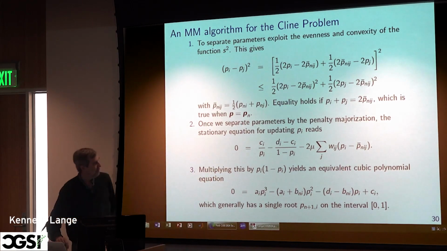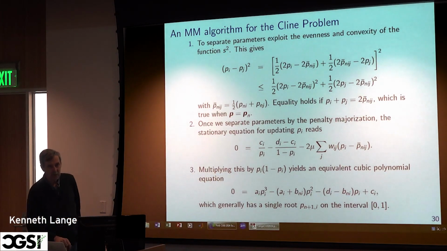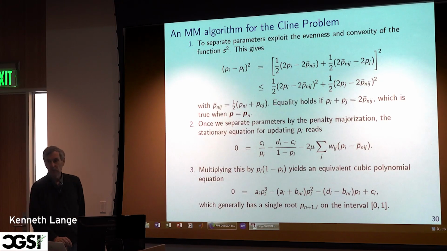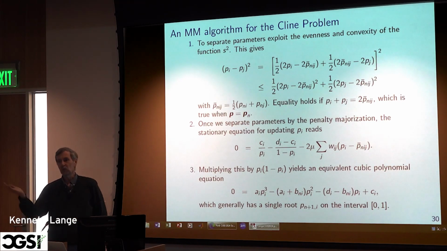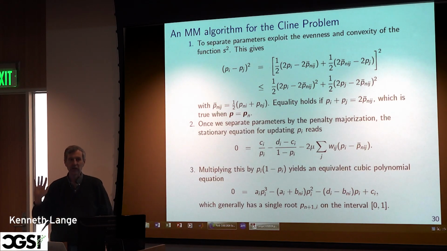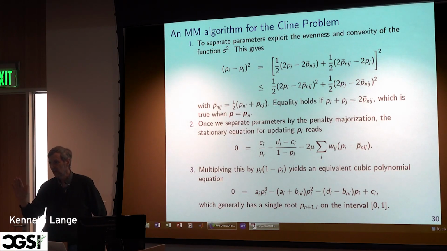You reduce to a cubic polynomial, and you can find a root of that, and there will be a single root between 0 and 1 for the allele frequency. So in this way, you get a smooth estimate of allele frequencies across the whole landscape, pixel by pixel, and you're pushing information from highly sampled pixels into pixels with low information or no information.